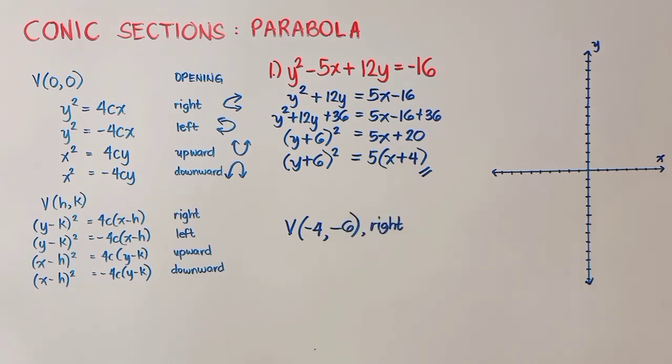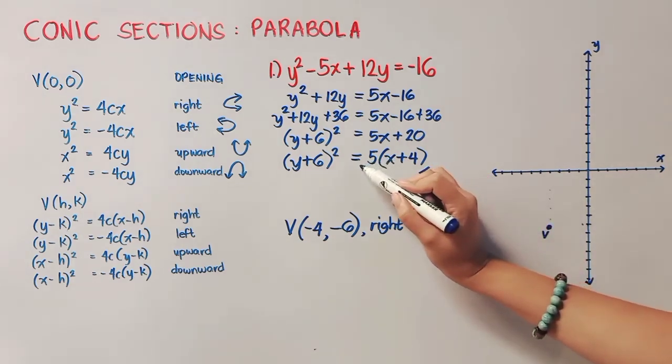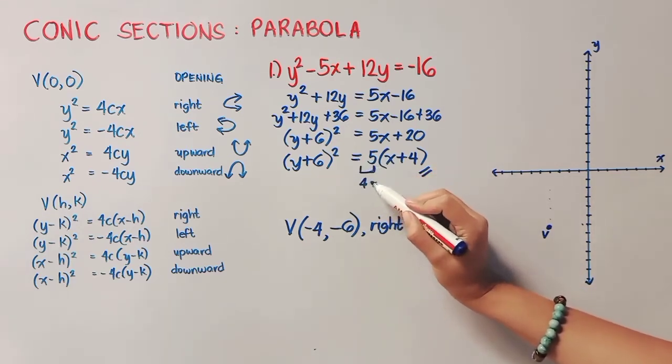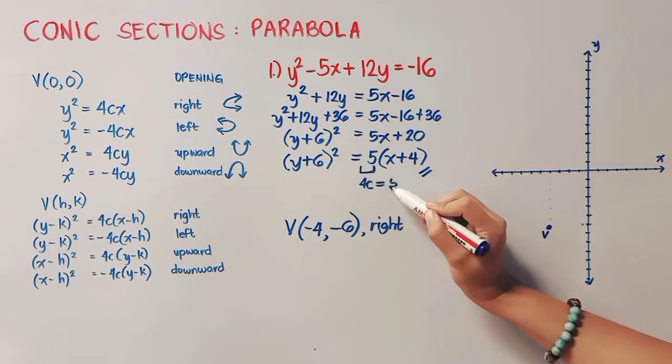So we will plot first our vertex here, negative 4 and then negative 6. So it is in this point here. Let's label V. Now this portion here is our 4c, which is equal to 5.